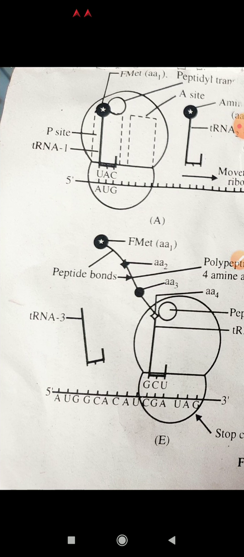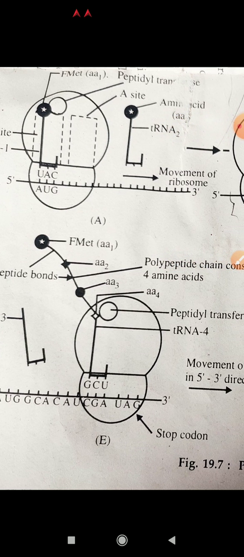At the last, termination of the polypeptide chain. Termination means end of polypeptide chain formation. It means incorporation of new amino acids in the growing polypeptide chain will be stopped.